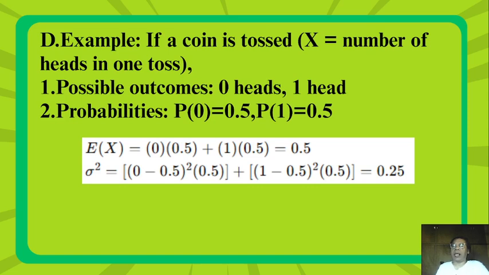So our E of x is equal to 0 times 0.5 plus 1 times 0.5, which is equal to 0.5.